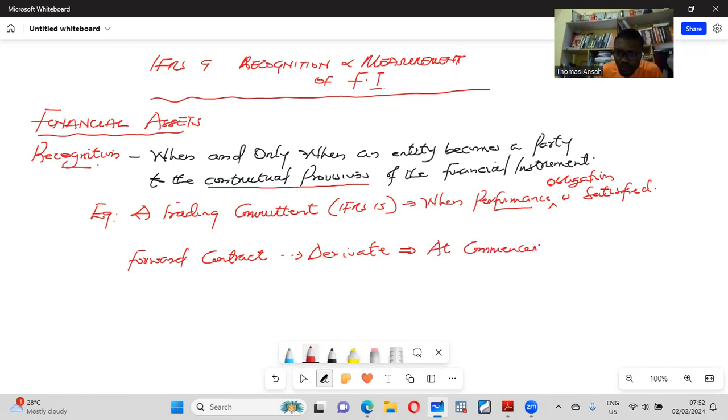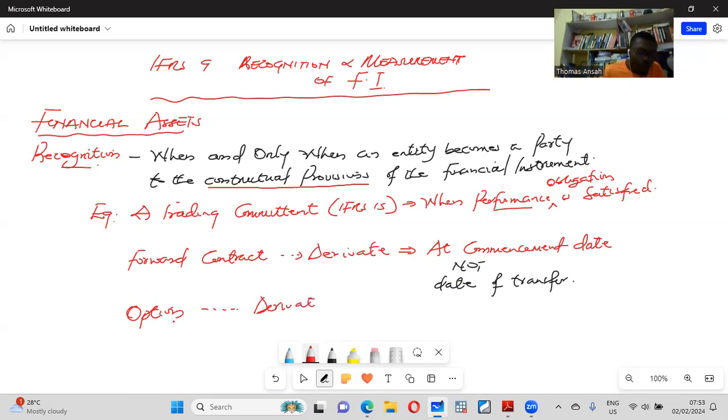Not the date of transfer. That's a derivative. At the commencement date. So if you say the thing will commence at a future date, then that is it. The same thing for an option. An option is also a derivative. So that one is the date the contract is entered into.